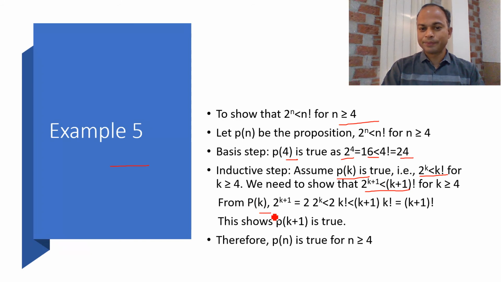From P(k), we have 2 raised to the power k plus 1 equals to 2 multiplied by 2 raised to the power k, and this term is less than 2 times k factorial, less than k plus 1 times k factorial, equals to k plus 1 factorial. So in this way, we can demonstrate for P(k plus 1). If we are able to demonstrate for P(k plus 1), then further we can say that this is true for P(n).